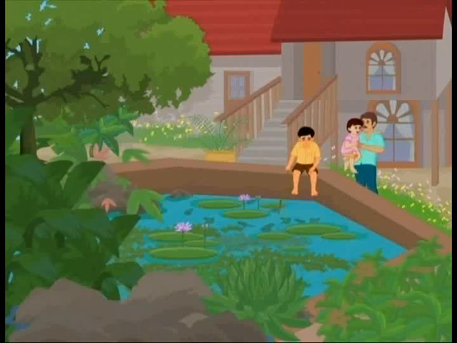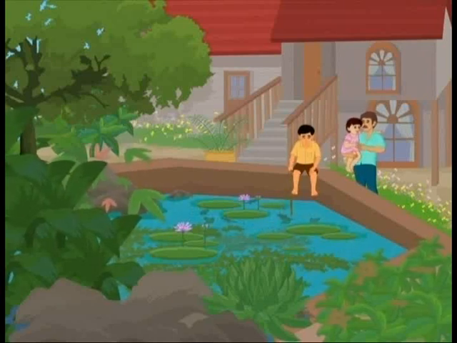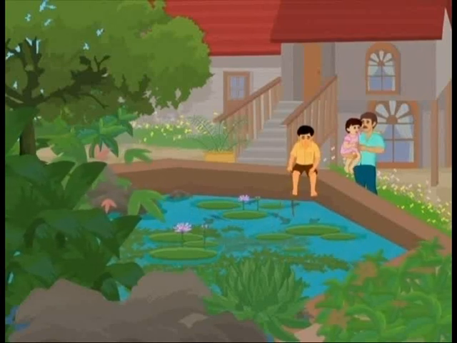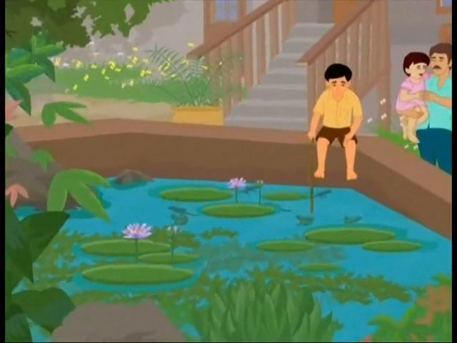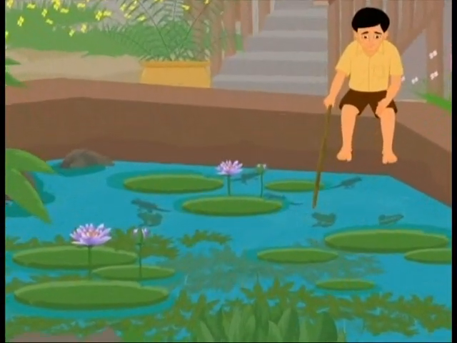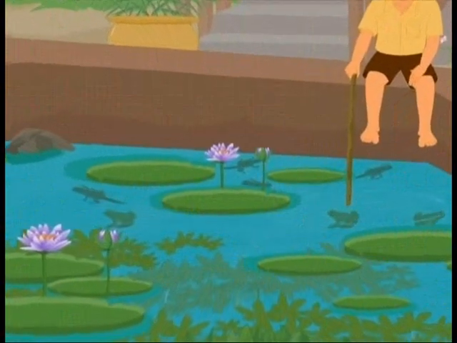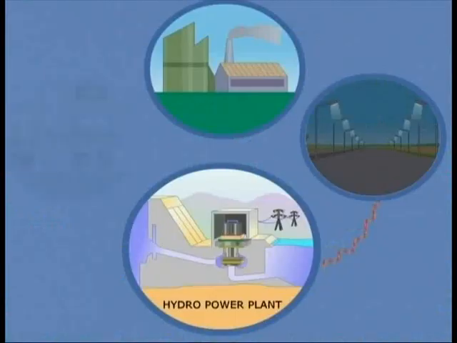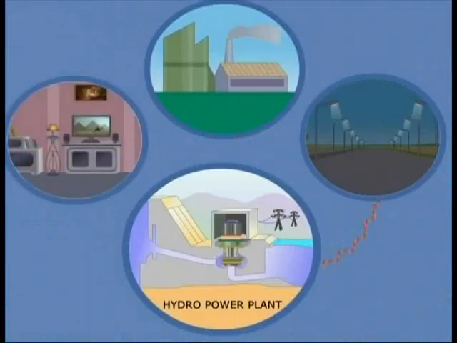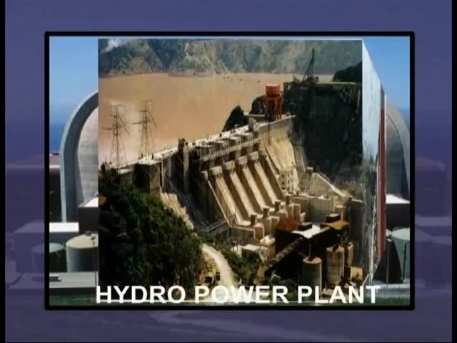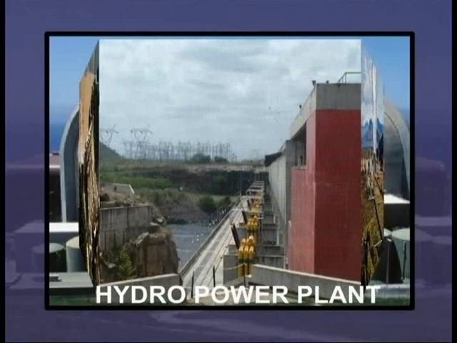Like in the UK, growing of garden ponds has gained popularity. These ponds help in preserving the population of frogs and newts that were threatened by the destruction of pond habitats in the countryside. Today, hydropower provides much of the electricity needed for various purposes.